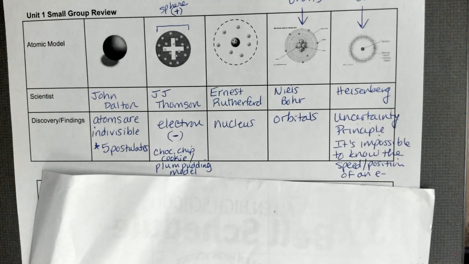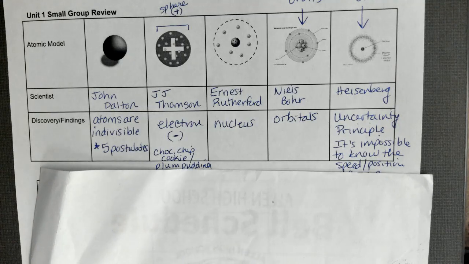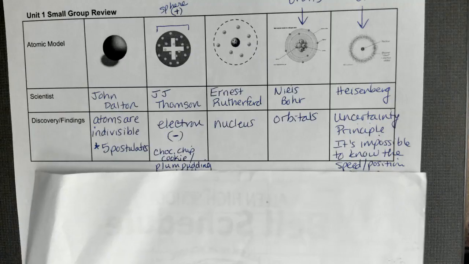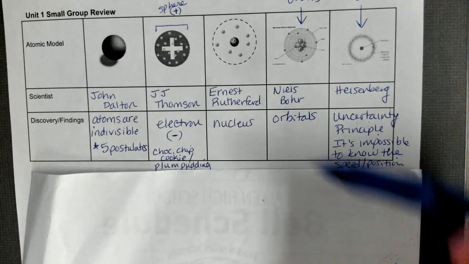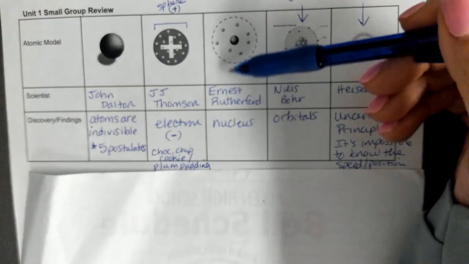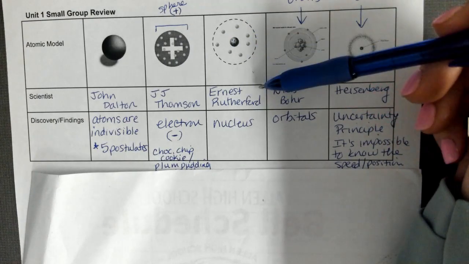Okay, after J.J. Thomson came Ernest Rutherford. And then Ernest Rutherford, he did the famous gold foil experiment. When he did the gold foil experiment, he discovered that most of those alpha particles were going straight through, but some of them actually did bounce back.